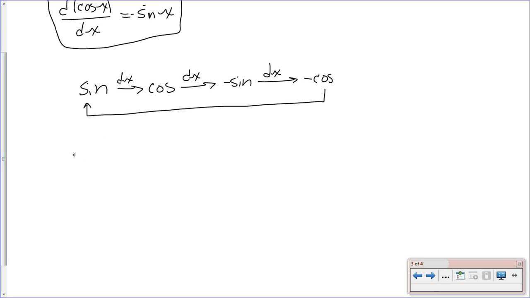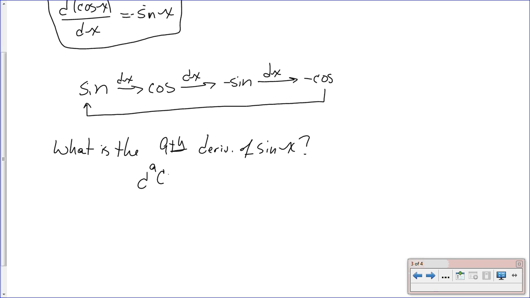So if I asked you a question like, what is the ninth derivative of sine of x? What you can do is you can physically count. So we're starting here. So this is the first derivative, second, third, fourth, fifth, sixth, seventh, eighth, ninth. So the ninth derivative of the sine of x dx equals cosine of x.